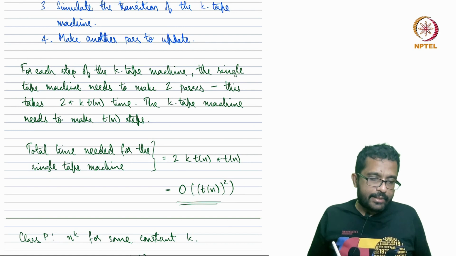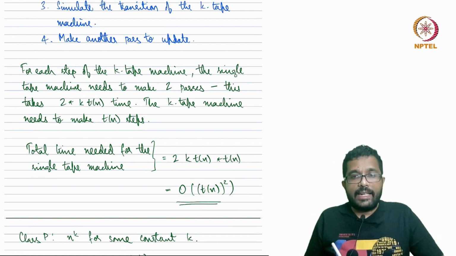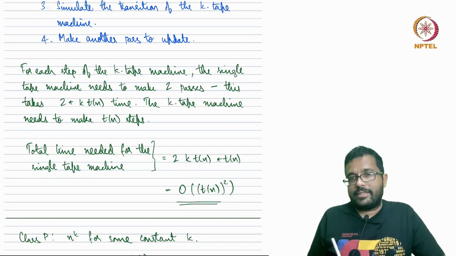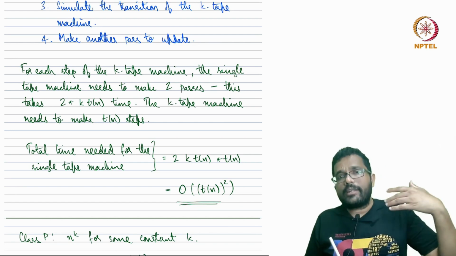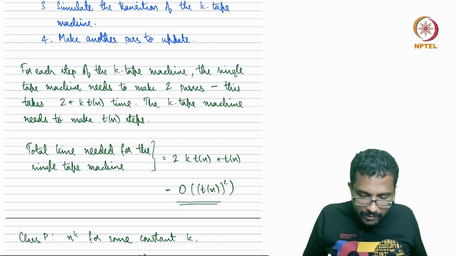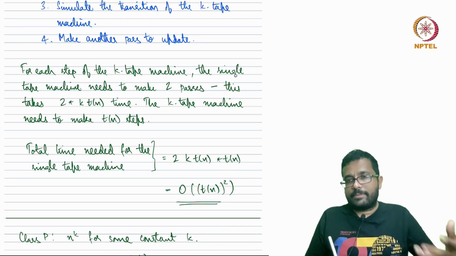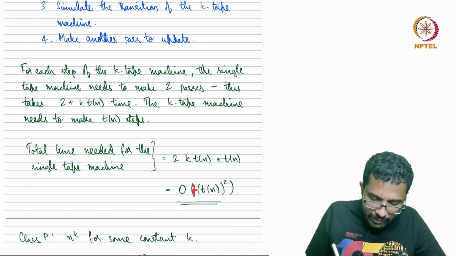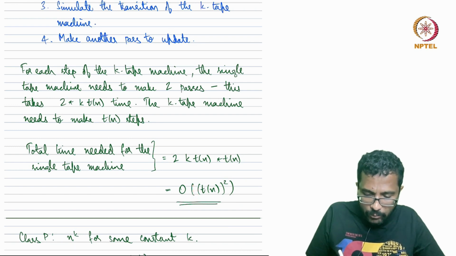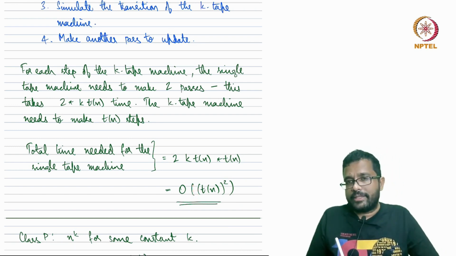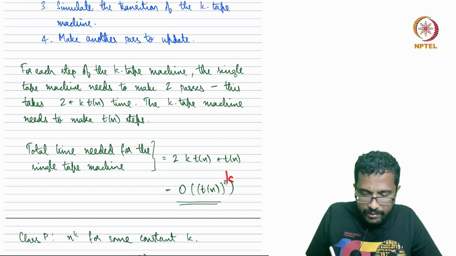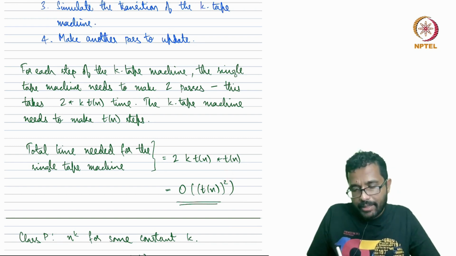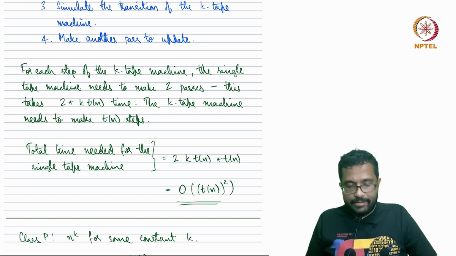It's not like if the multi-tape Turing machine has k tapes, it is t(n) to the power k, for instance. No matter how many tapes it takes, this is still squared. This is not a bigger exponent. Of course, k features here as a constant in the O notation, but that is absorbed by the O notation. If it featured in the exponent, it would have been worse.